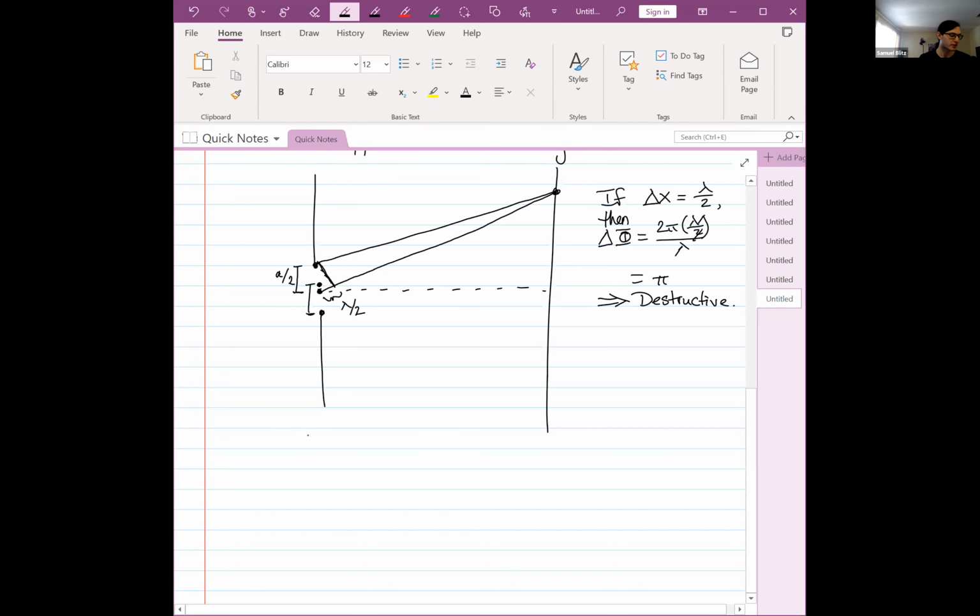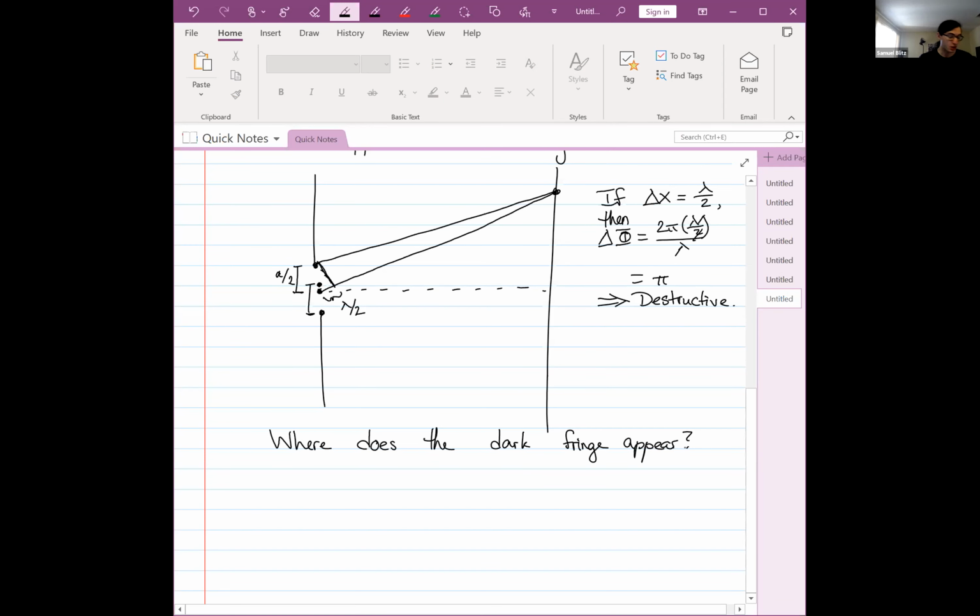Now, the question is where does this dark spot or dark fringe appear? This would produce a dark fringe, the first dark fringe. So you have a bright spot, and then you have a dark spot at some other angle, right?